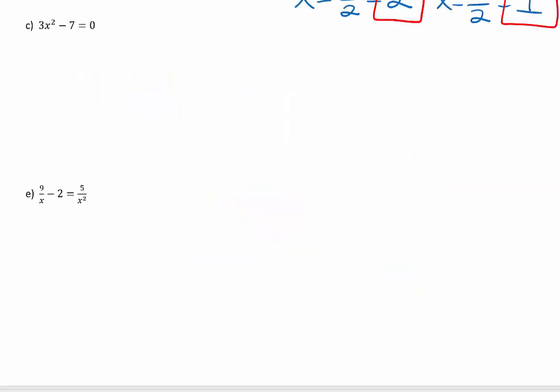It even works in a problem like this. 3x squared minus 7 equals 0, where you seem to have a missing term. In this case, the a would be 3, but there's no x term, so b is 0, and the constant is -7.